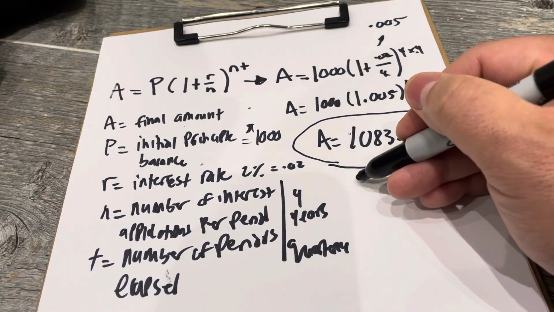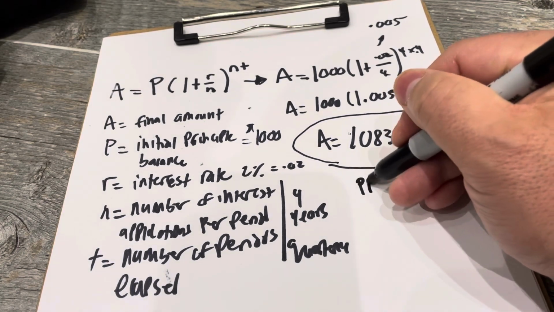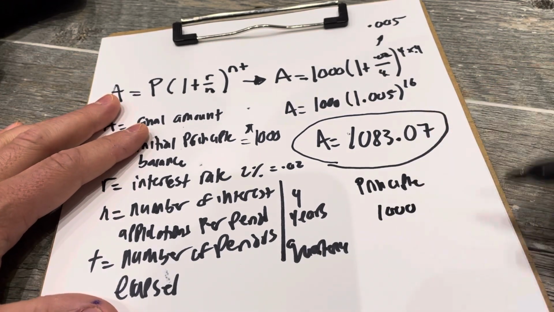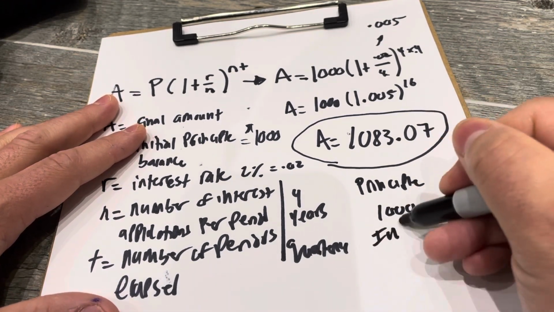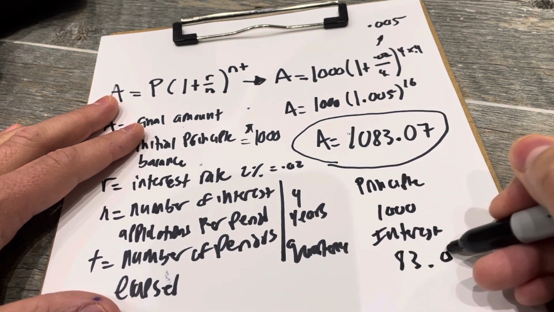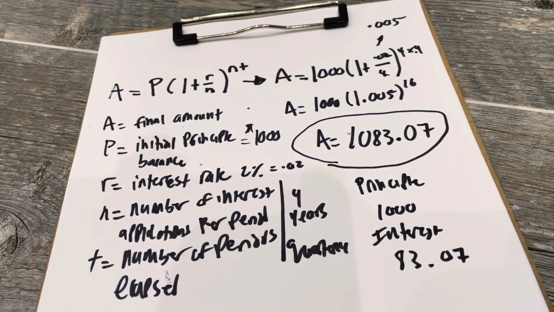Your principal is $1,000 of that, and your interest is going to be $83.07.